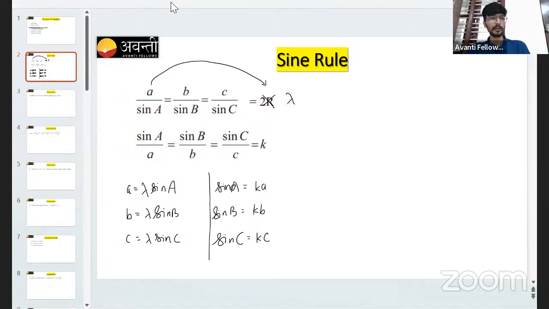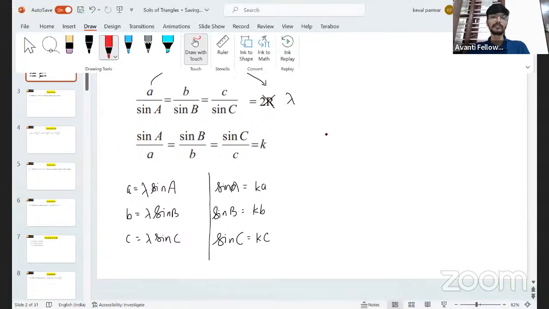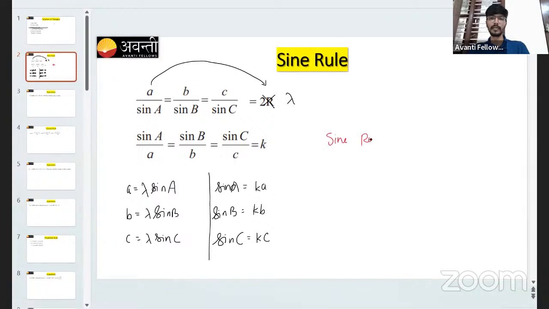Now, the most important thing here is how sine rule helps. Sine rule helps me to do two things. First, convert angles to sides. And second, convert sides to angles.